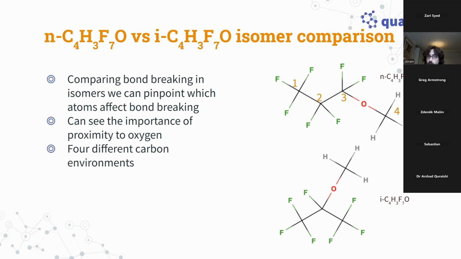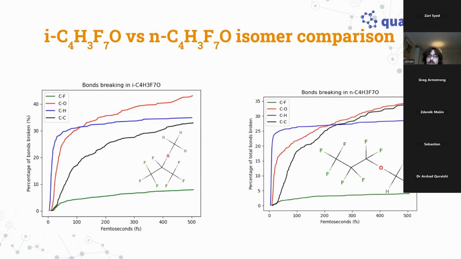All of the carbons in the molecule are different. For the I isomer, we have these 6 fluorines are all in the same fluorine environment, and we have a 2nd one there. And then we have 3 different carbon environments here. So we can now compare the bonds being broken.